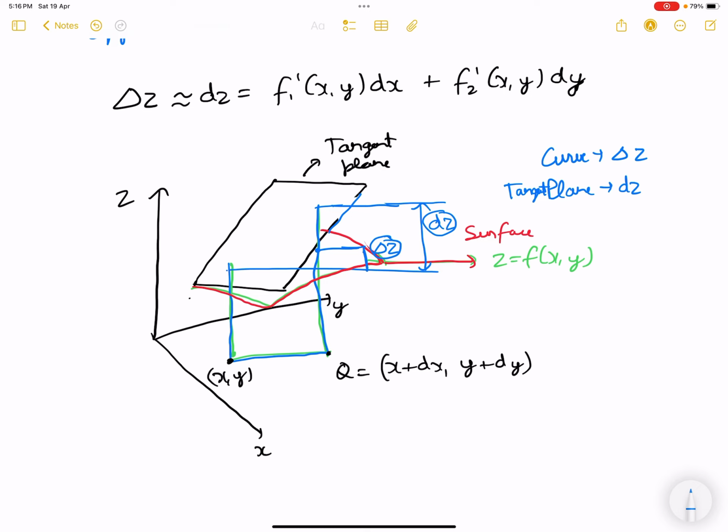Okay, now moving forward, so we have already found this.